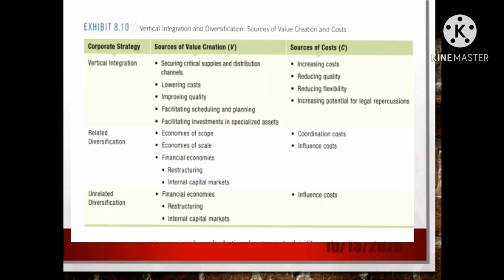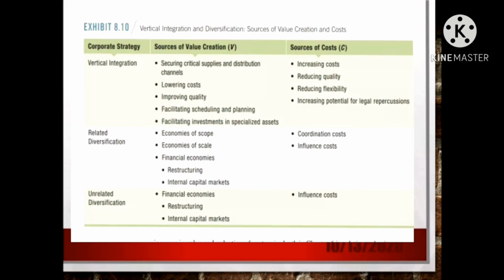Sources of value creation for related diversification: we have economies of scope, economies of scale, financial economies, restructuring, and internal capital markets. For sources of costs, we have coordination cost and influence cost.